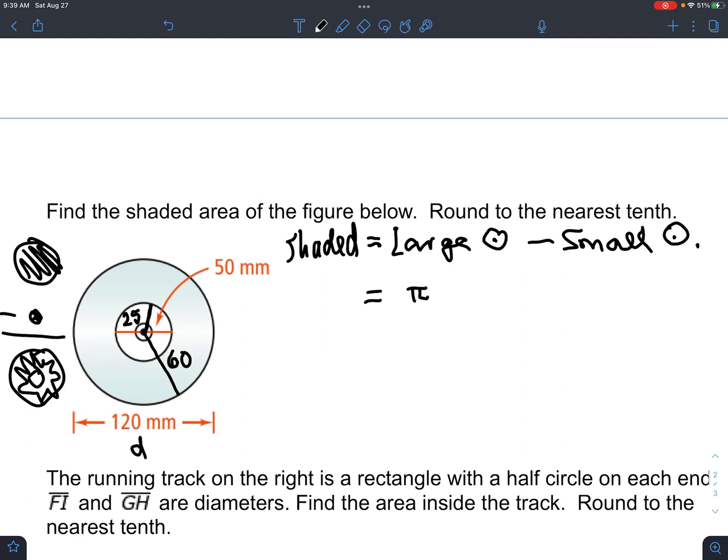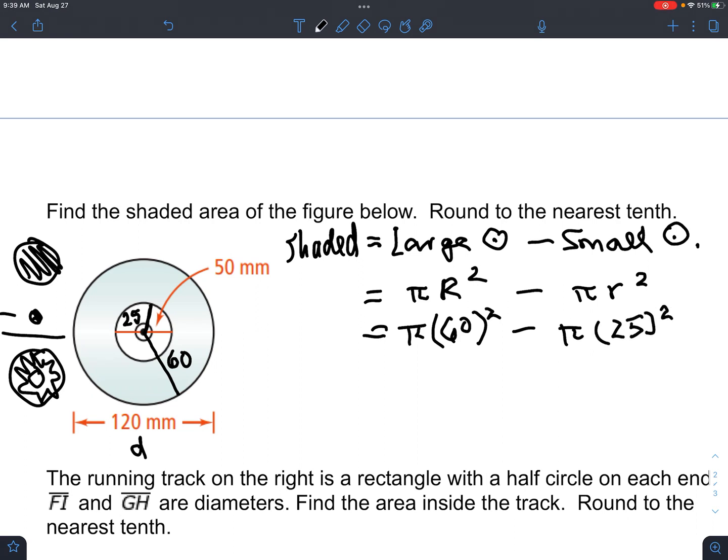So I know the answer is going to be pi big R squared minus pi little r squared, where it's pi 60 squared minus pi 25 squared. And then if you pull out your calculator and square those, you get 3600 pi minus 625 pi.